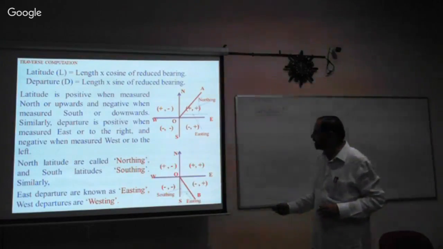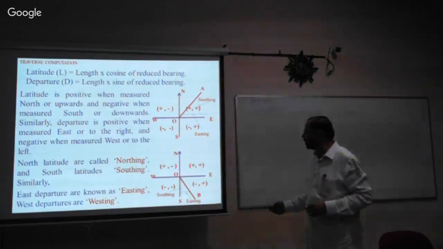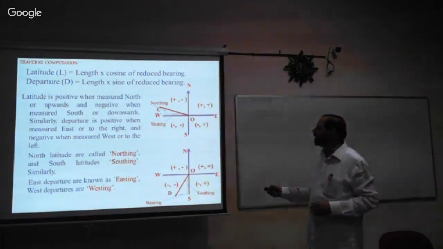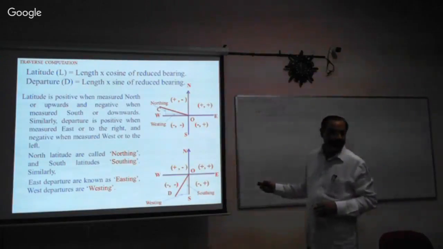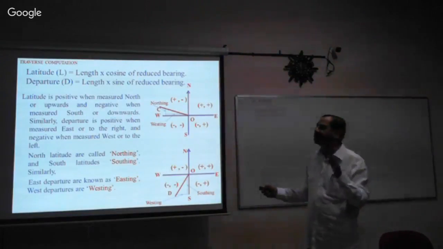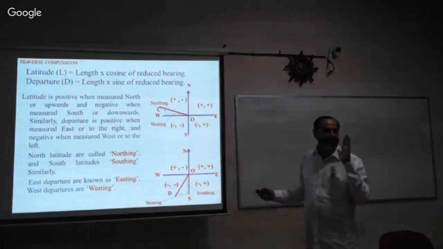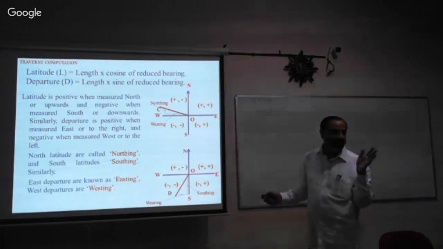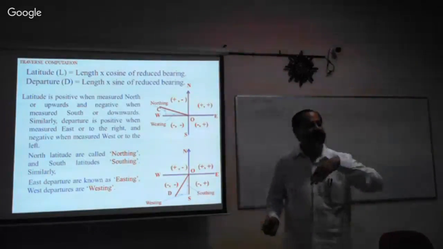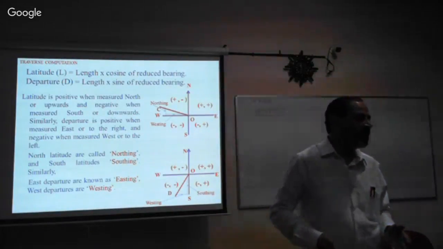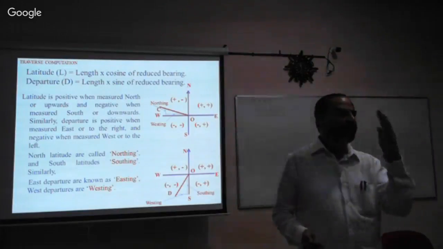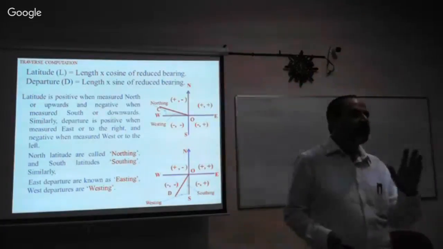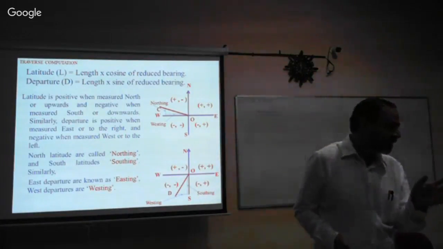We are discussing the directions of the survey, that is, latitude and departure signs. Exactly, we should understand this. Now this helps us in solving the problem while considering positive and negative. One should understand clearly and carefully.